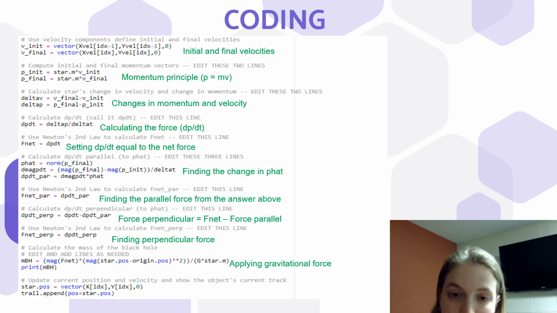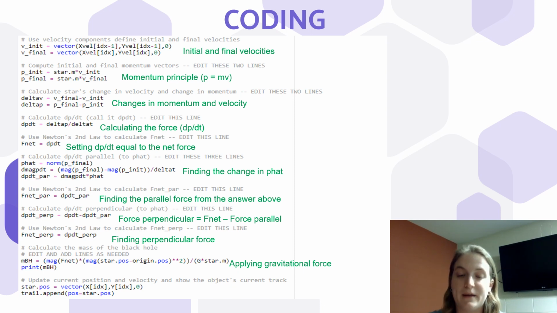So first at the top we have the initial and final velocities, and then we move down to calculating the momentum principle. Then we do the changes in momentum and velocity, and we use that to calculate the force, which is dp dt. Then we set that equal to the net force and find the change in p hat in order to find the parallel force and then the perpendicular force, because we know that parallel plus perpendicular forces is equal to F net.